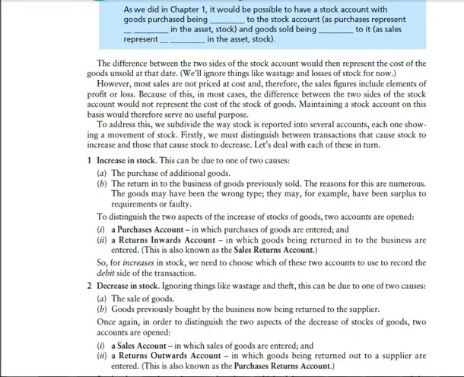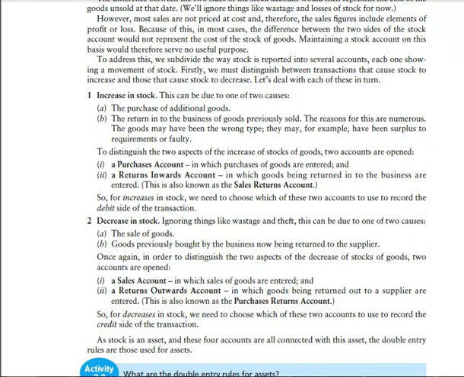If we look at ways stock can decrease, it could either be because we have sold goods, or because we returned purchases we had made previously to the supplier, maybe because they were damaged, or because we no longer wanted them if we were allowed to return them.